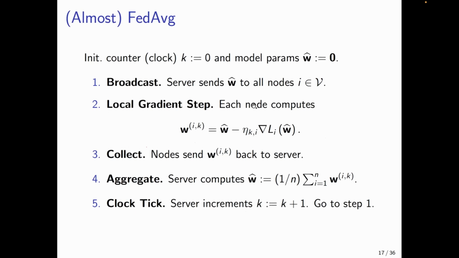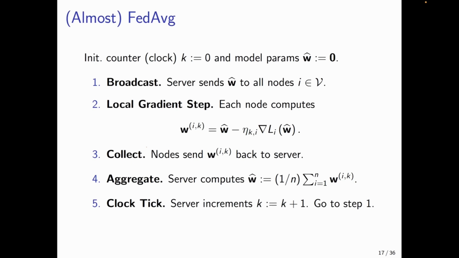We flesh out the algorithm, which first starts with a server. Again, we need a server that coordinates the whole learning algorithm, which also maintains the global model parameters. So we have one set of global model parameters that we initialize with 0. And this is broadcasted to all clients or all nodes. Each node then independently does a gradient step.